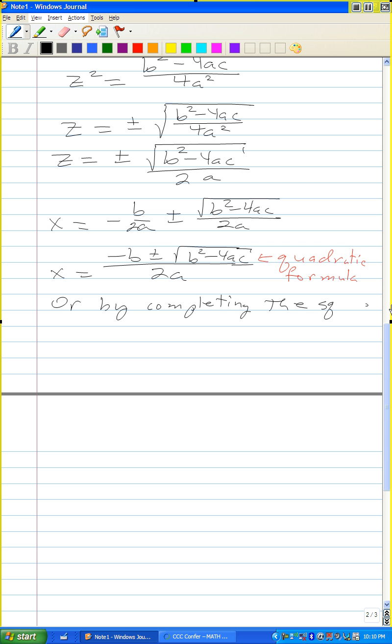So we can see that we can also derive this formula by the technique of completing the square.